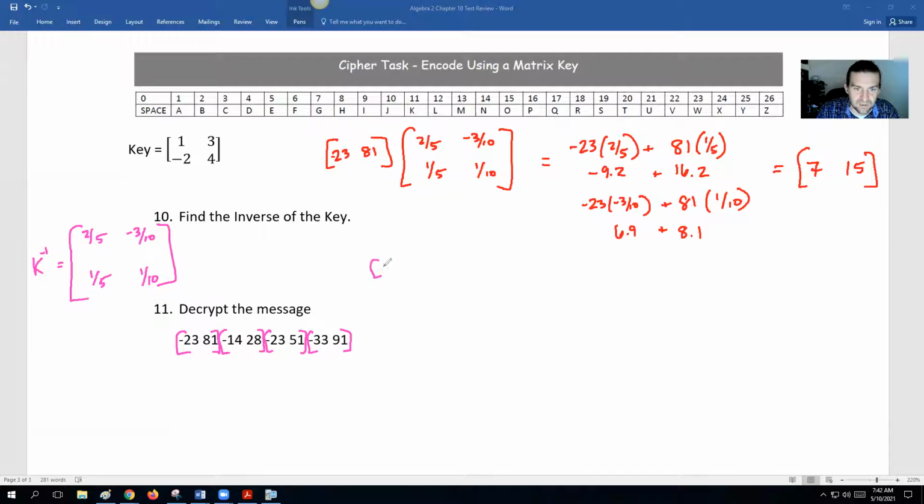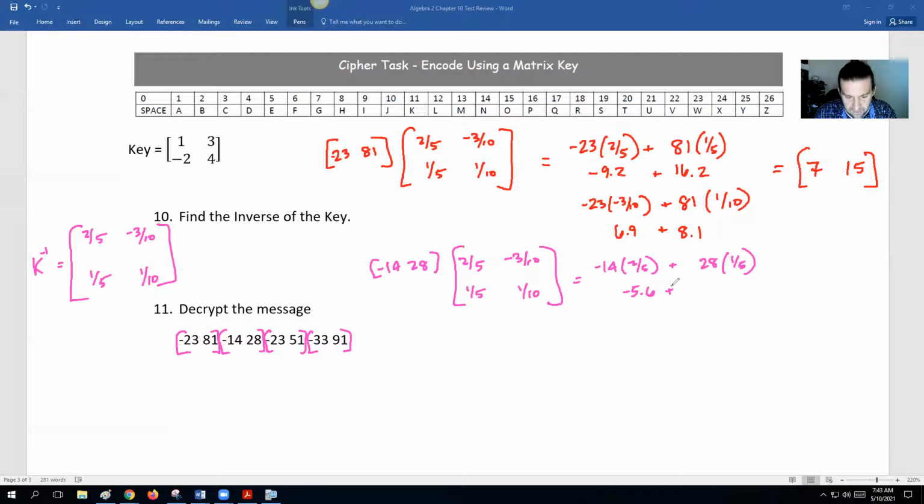We'll do this again, but with negative 14, 28 and 2/5, negative 3/10, 1/5, 1/10. So negative 14 times 2/5, and then 28 times 1/5. Negative 14 times 2 divided by 5 is negative 5.6, and then 28 times 1/5 is 5.6.